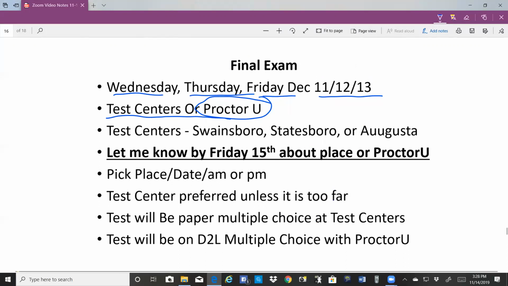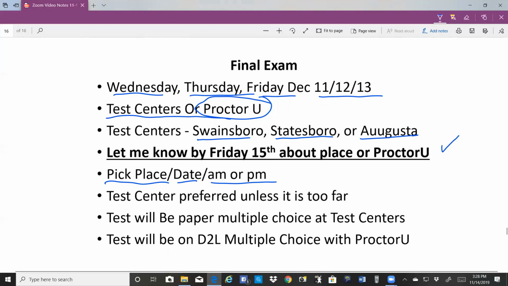If you're going to go to a test center, you need to pick either Swainsboro, Statesboro, or Augusta. And I need to get in touch with them and tell them what the schedule is going to be. So I want you to tell me by Friday the 15th about the place or whether you're going to use ProctorU. So pick your place, pick your date, and then pick AM or PM.